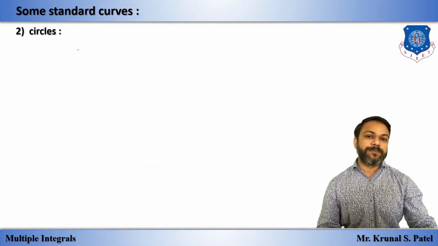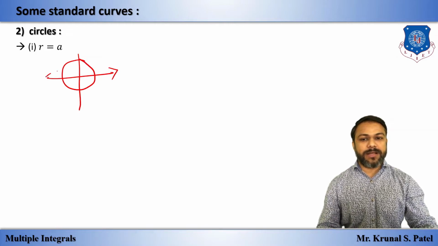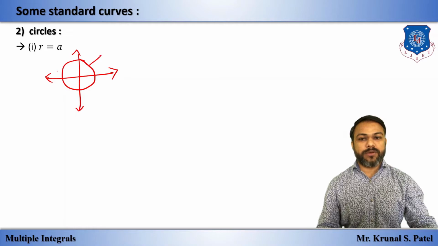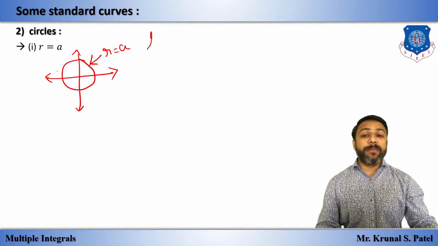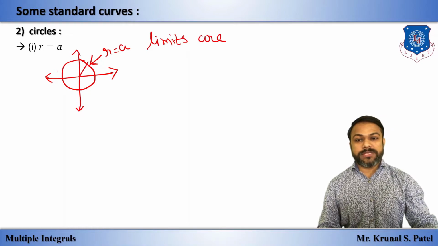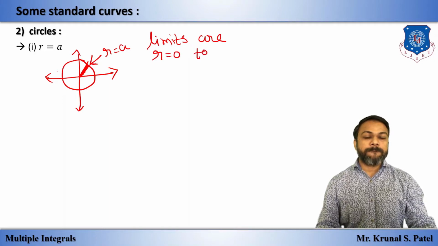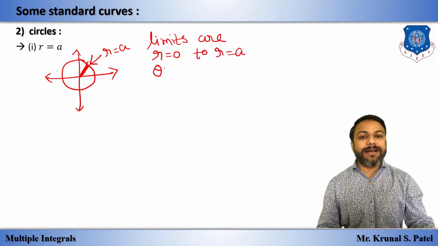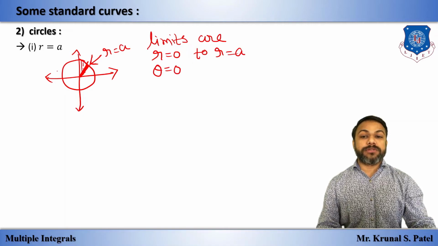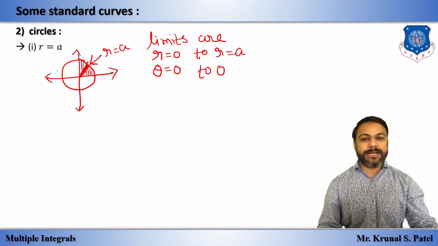Now we have circles. First circle: r is equal to a, that means a circle with radius a, center origin, simple. So what is the limit for this circle? If I am taking from origin to circle, the limits are r is equal to 0 to r is equal to a, and theta, because this circle is symmetric about x and y both, so theta is equal to 0 to theta is equal to pi by 2.